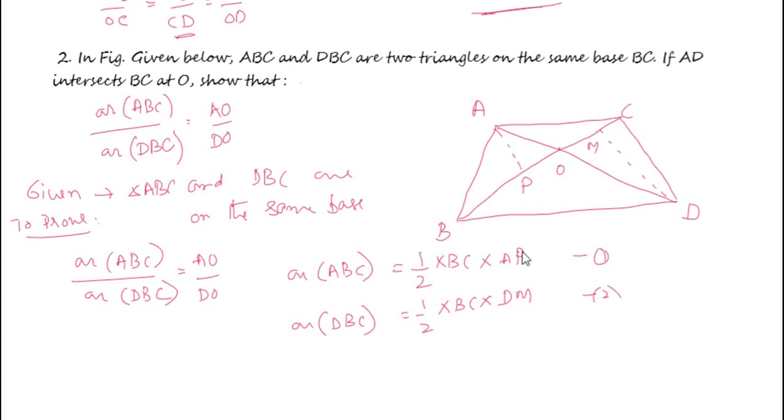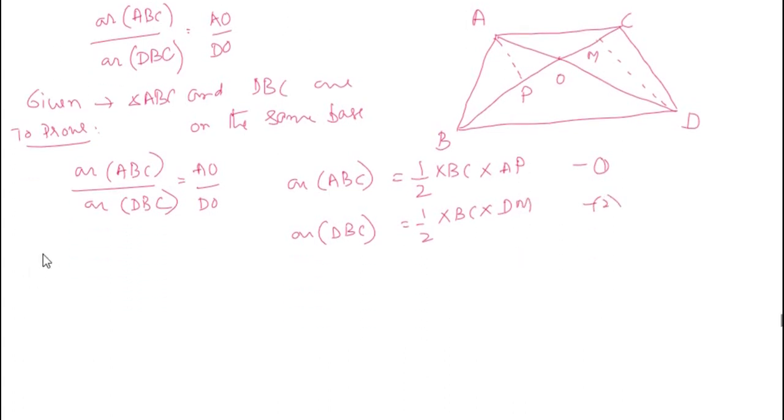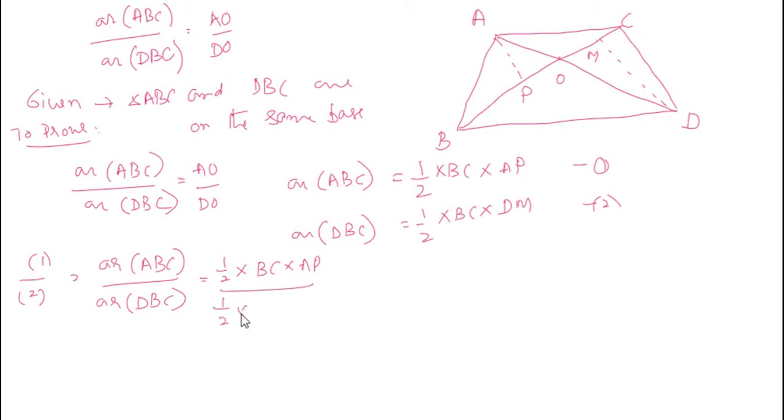If you divide 1 by 2, area ABC divided by area DBC is equal to half into BC into AP divided by half into BC into DM.